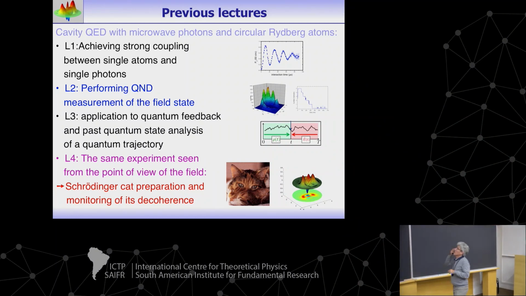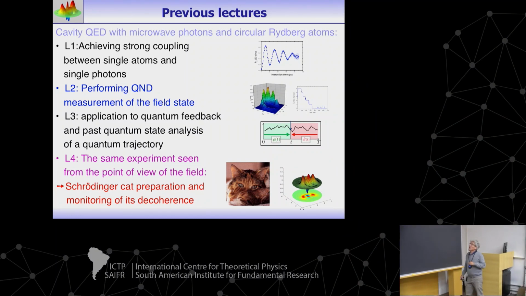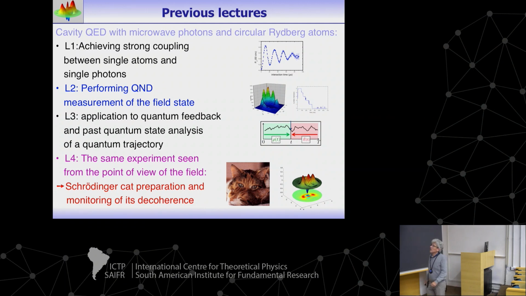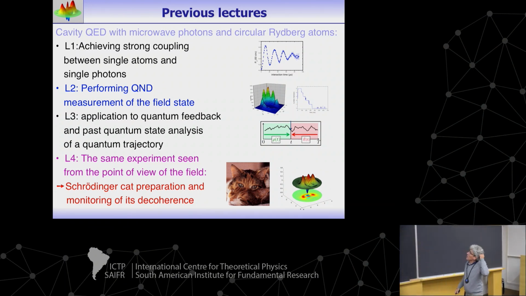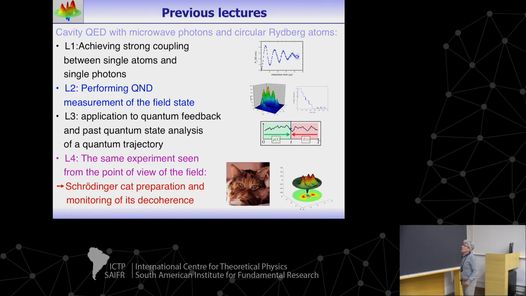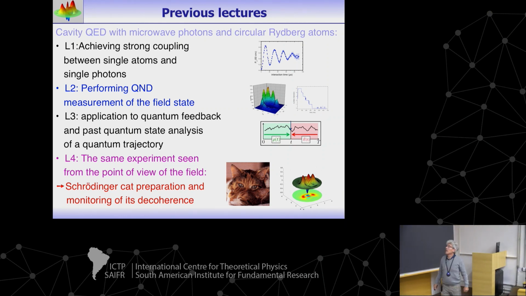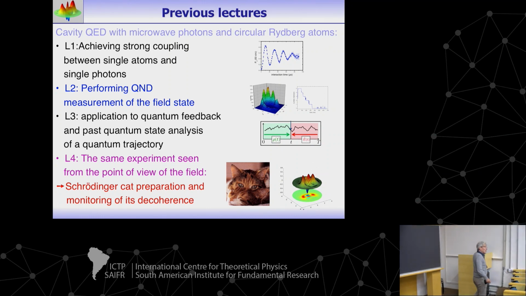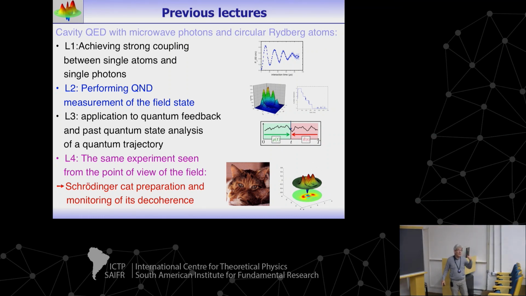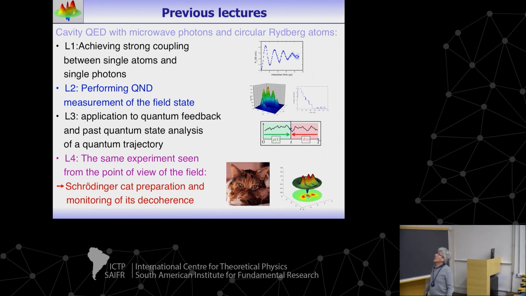So let me just briefly remind you what we learned in the first lecture. The first lecture was devoted to the resonant coupling and the description of the coherent energy exchange between the atom and the cavity. And at that point, we already saw one example of preparation of a Schrodinger cat state by making the resonant interaction of a single atom with a coherent field injected in the cavity containing like 13, 14 photons.